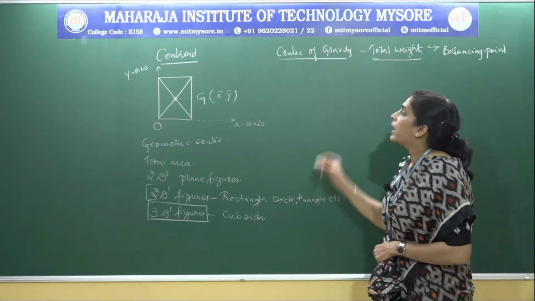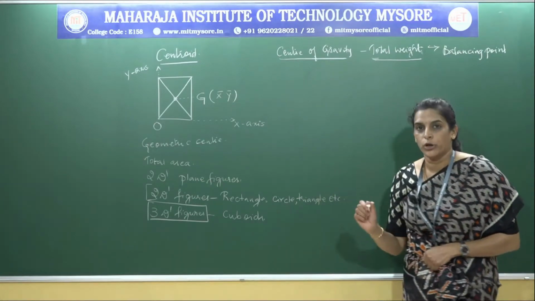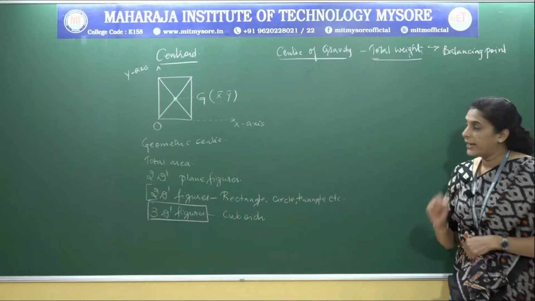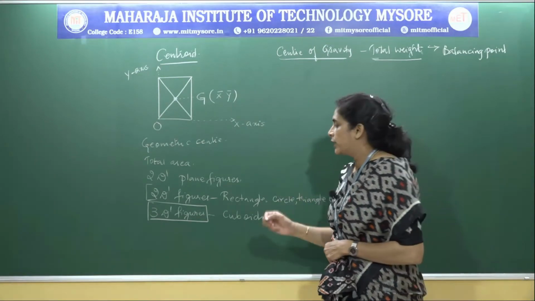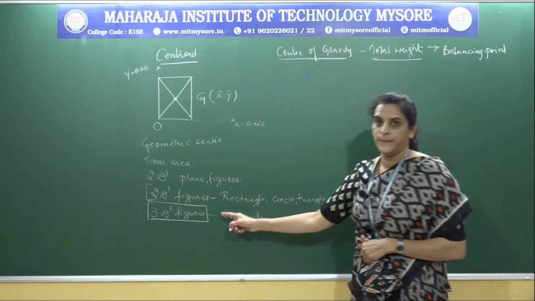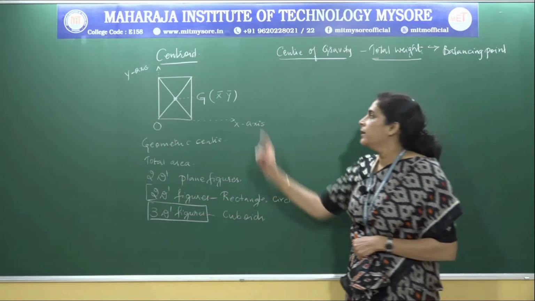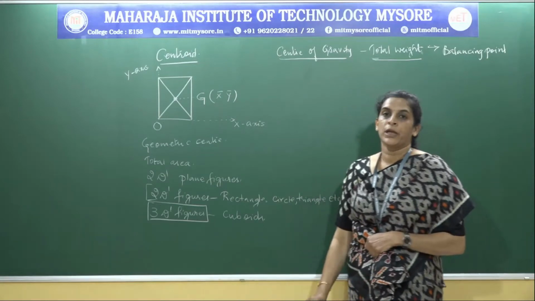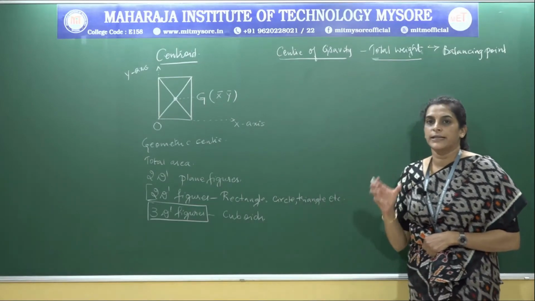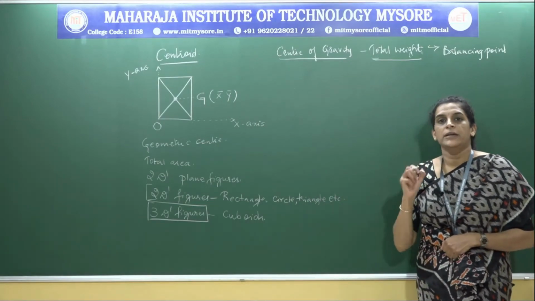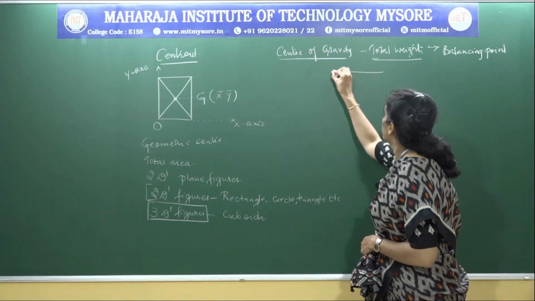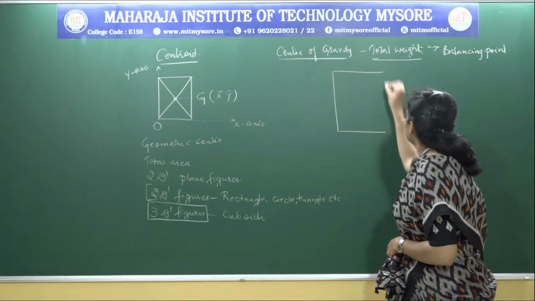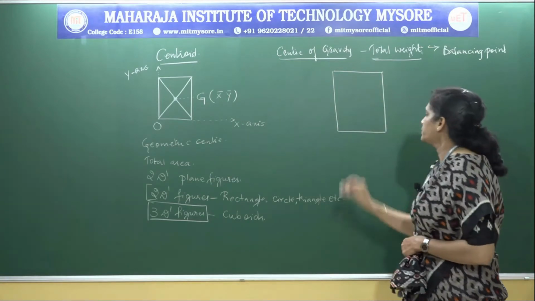As far as this module is concerned, we will be confining ourselves to two-dimensional figures, that is, to locate the centroid. We shall understand the centroid very specifically by this example.